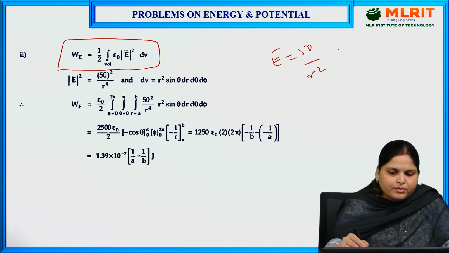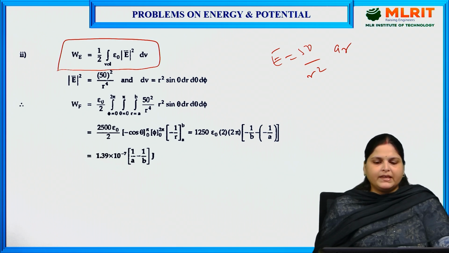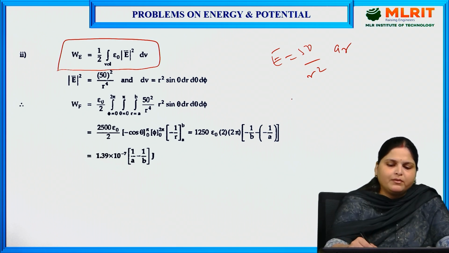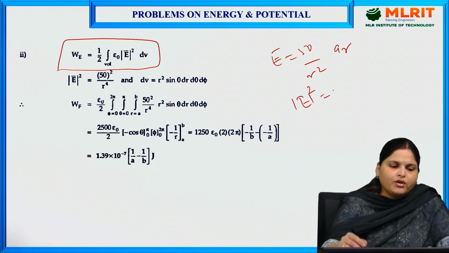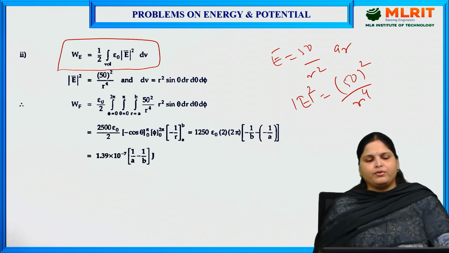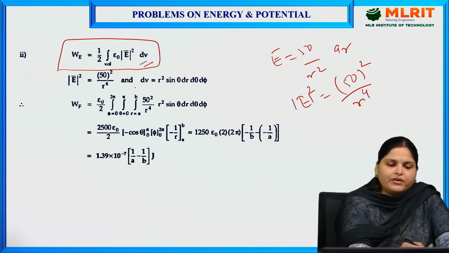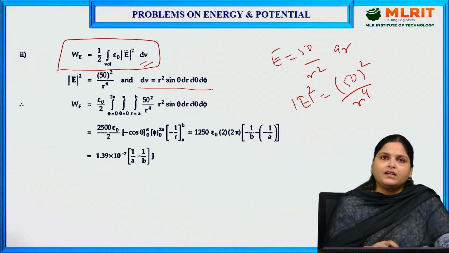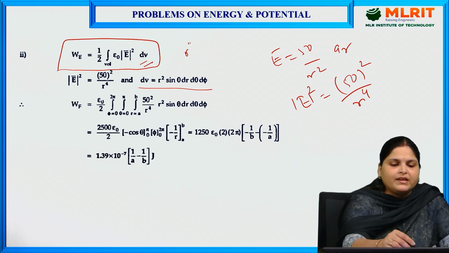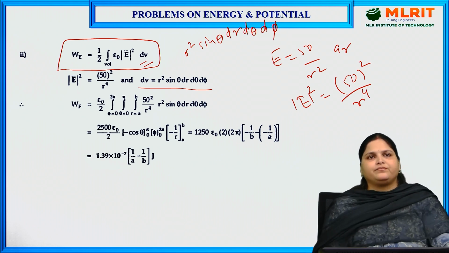So here we have to calculate mod of E. To calculate mod of E square, basically it will become 50 square by r square squared, which means r to the power 4, right? Also we need dV for this formula, so we can calculate dV, the differential volume for the spherical coordinate system, which is given as r square sin theta dr d theta d phi.